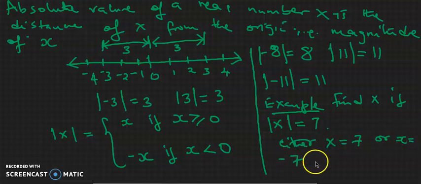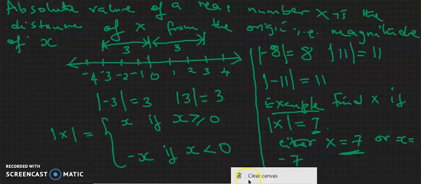These two numbers, x is 7 and x is negative 7, both are 7 units from the origin. So the absolute value of 7 is 7. The absolute value of negative 7 is also 7.